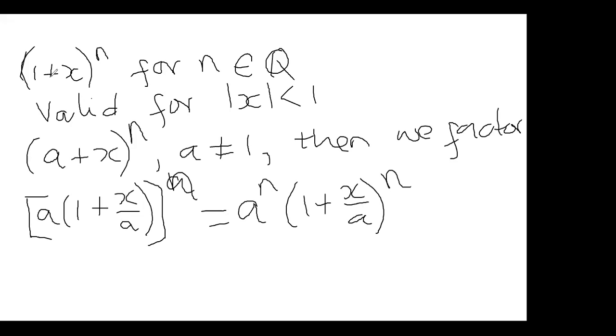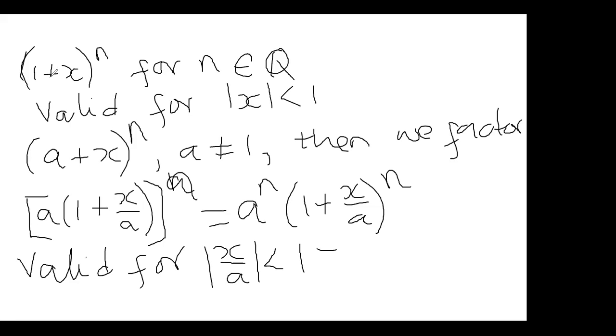Once we've done that, then we are able to apply that binomial expansion formula for 1 plus x. Yesterday I mentioned it in passing as we were looking at the general one, but today we strictly look at that one. So once we have a to the power n outside the brackets, then we can go ahead and expand 1 plus x over a. And in this case, it will be valid for absolute value of x over a less than 1.